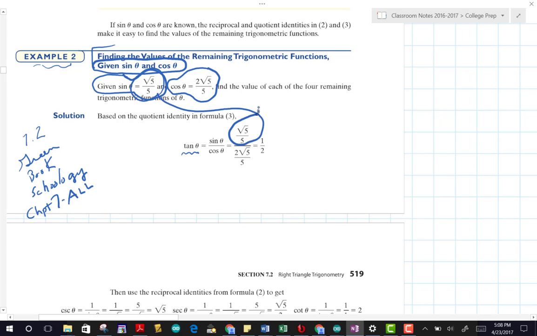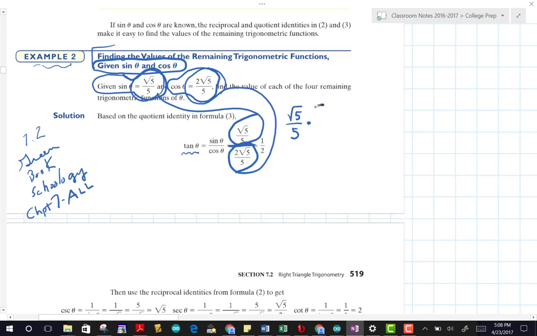And they threw magic at it. They didn't really show us what they did here. So let's take a minute to look at that. I'm going to take the square root of 5 over 5. And in order to do this division, I'm going to multiply by the reciprocal of this. So the 5 goes to the top, and the 2 root 5 goes on the bottom.